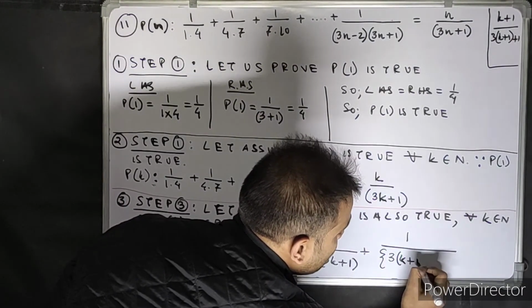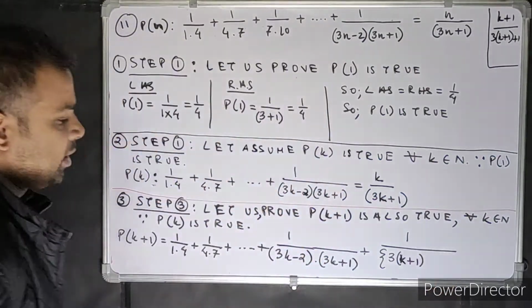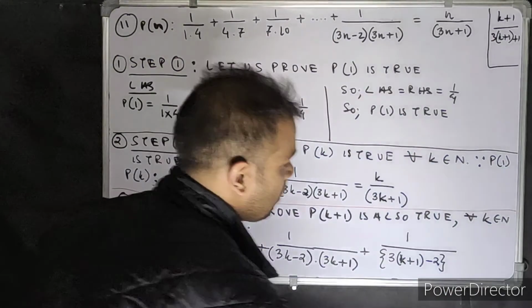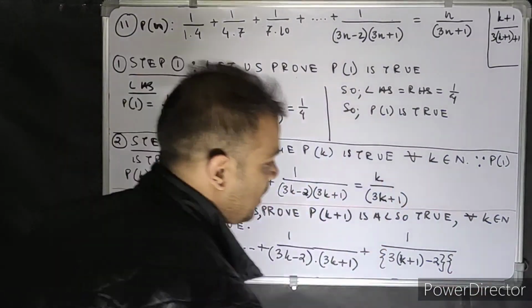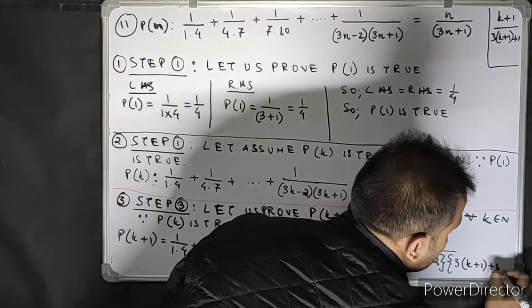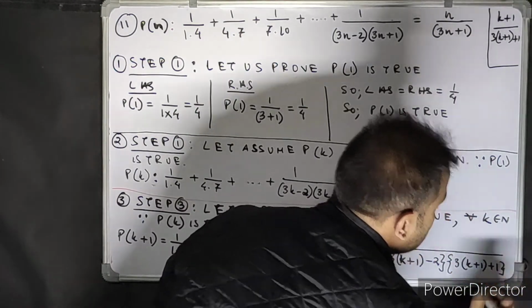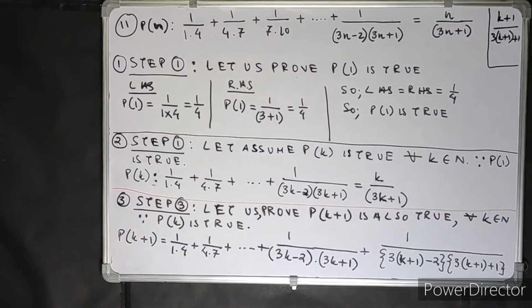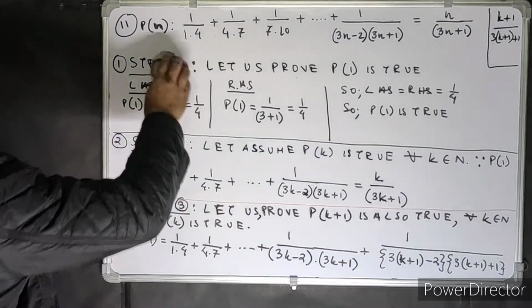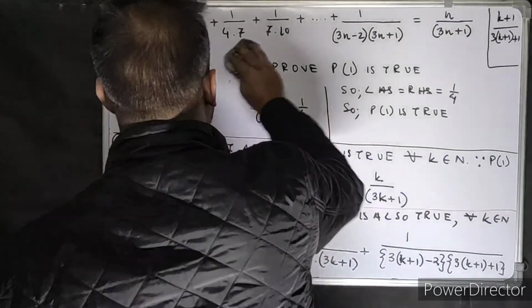Replace k with k plus 1: 3 bracket k plus 1 minus 2 bracket closed, and this part will be 3 bracket k plus 1 plus 1 bracket closed. That's your third step. Alright, from here we continue. Now is your calculation part.